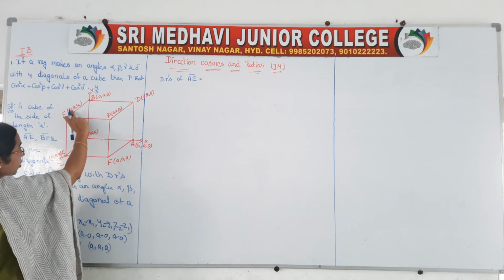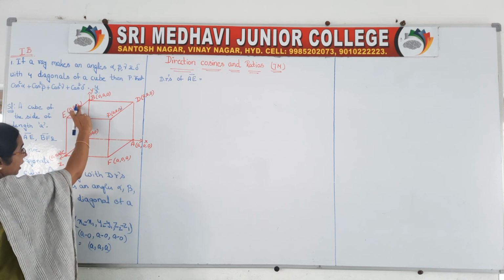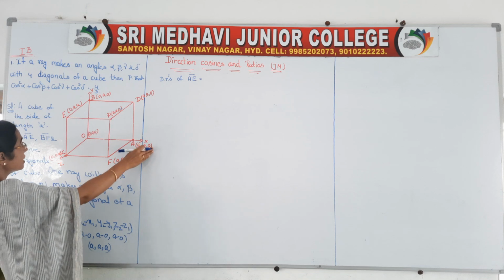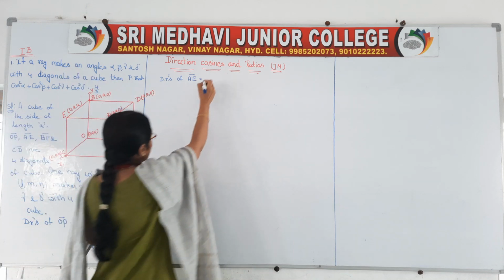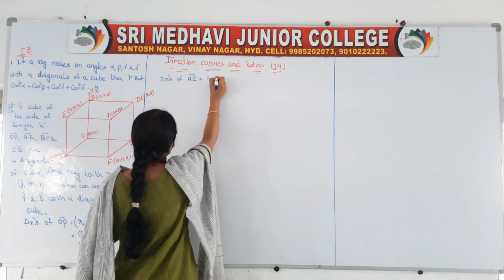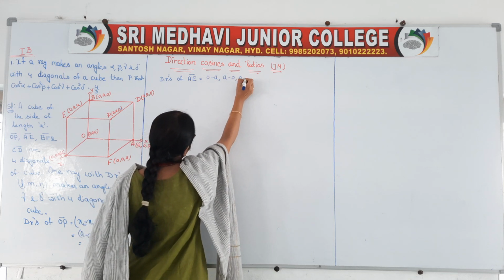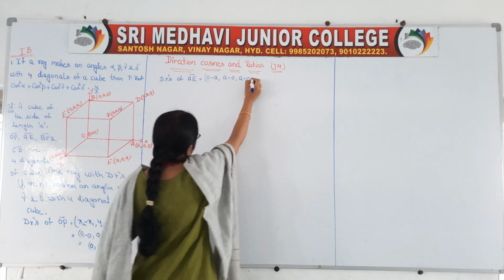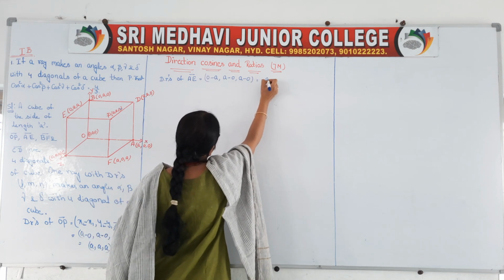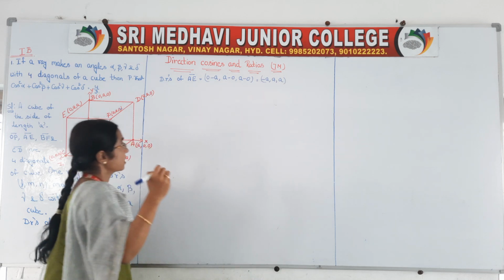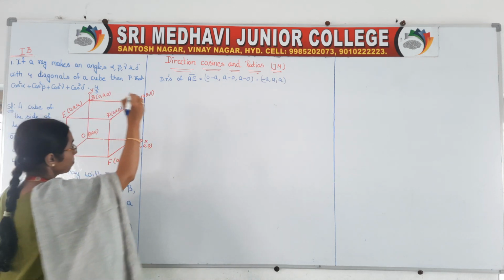See, these are the points of E, 0, A, A and A, 0, 0. These values minus these values. So it is 0 minus A, A minus 0 and A minus 0. So is equal to minus A, A, A. These are the direction ratios of AE bar.